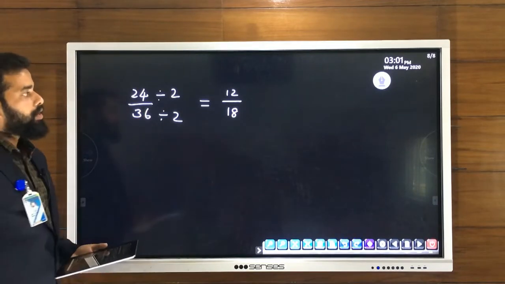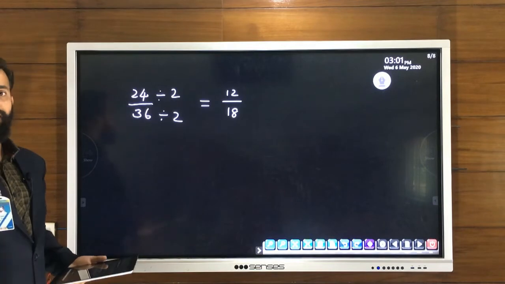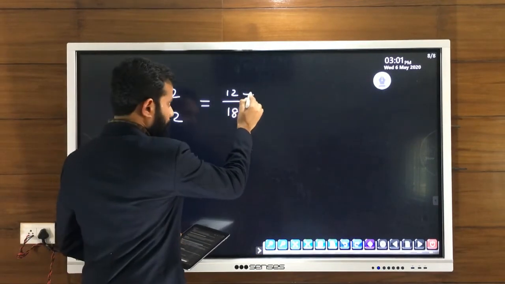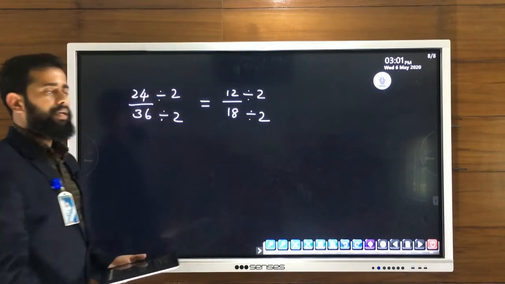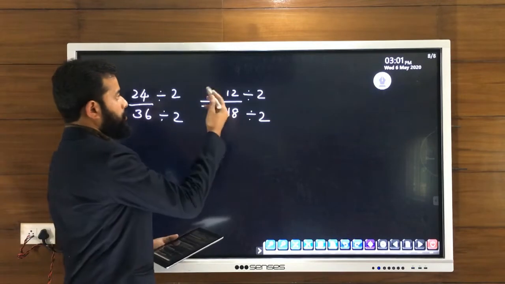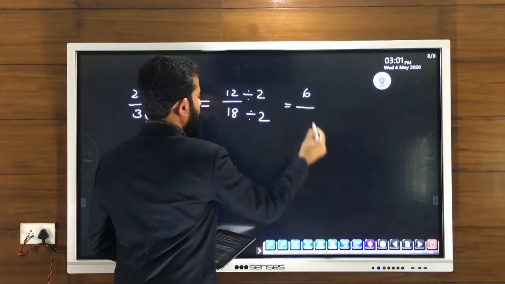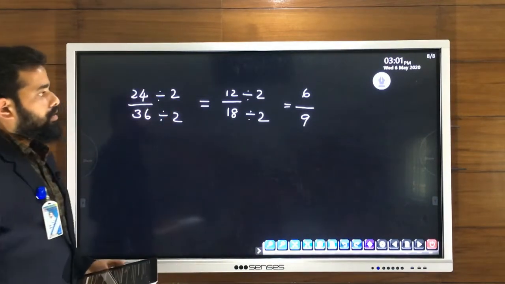Again we can see that there are common factors. 12 and 18, both of them have common factors other than 1. 2 is a common factor. So again divide both numerator and denominator by its common factor. 12 divided by 2 equals 6, and 18 divided by 2 equals 9.